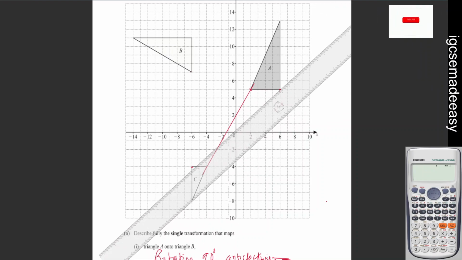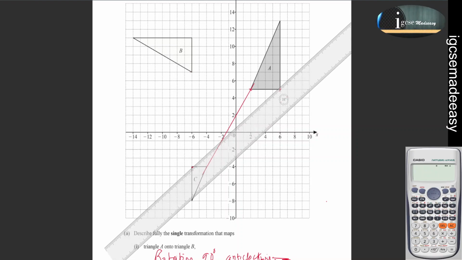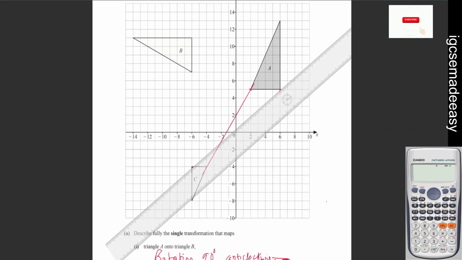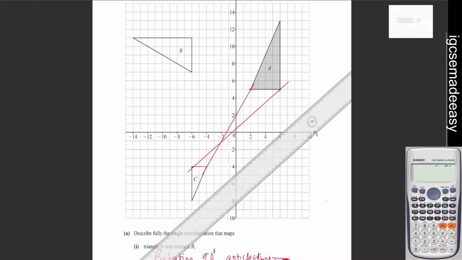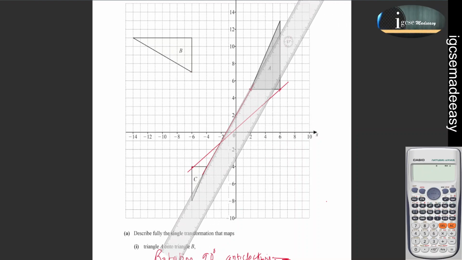Just understand the method of how we are doing it. Why are we joining? Because that point is the corresponding point, so you cannot join anywhere else. That is the point that is being enlarged. This is where this point matches. Also you have to join the third point. The third point will be this one.